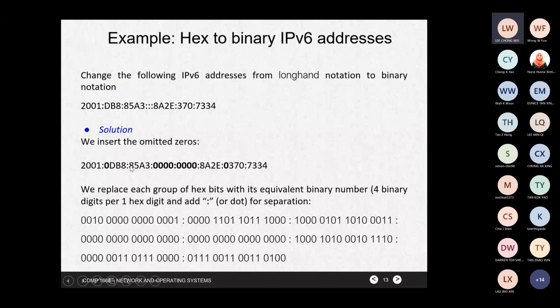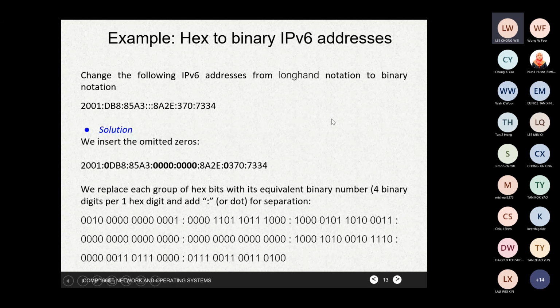So you do that, and then you will get the entire 8 groups, 1, 2, 3, 4, 5, 6, 7, and 8. So this is how you convert from longhand notation to binary notation.